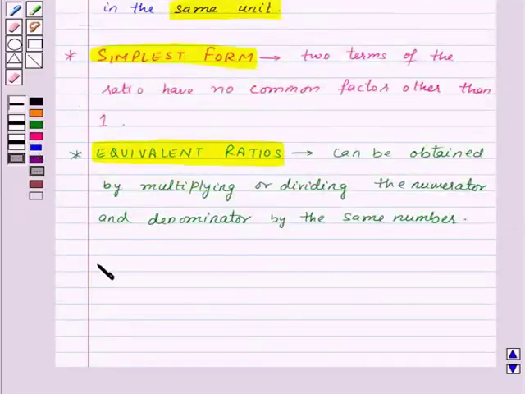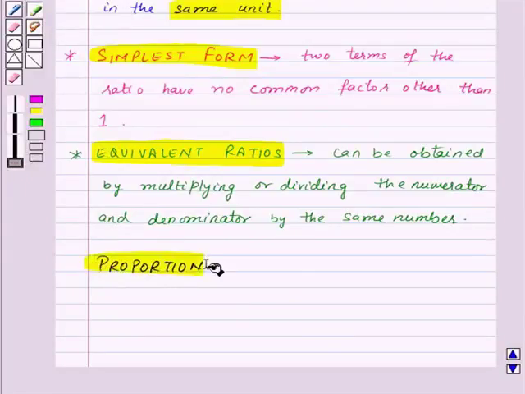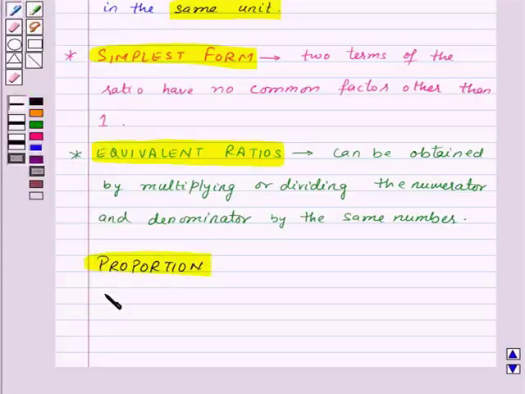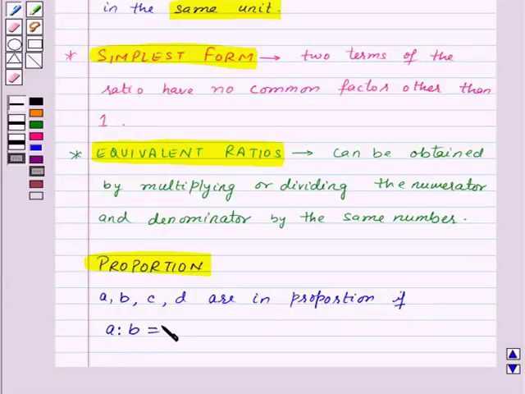Now let's move on to proportion. Four numbers A, B, C and D are said to be in proportion if the ratio of first two numbers, that is A:B, is equal to the ratio of the third and fourth, that is C:D.